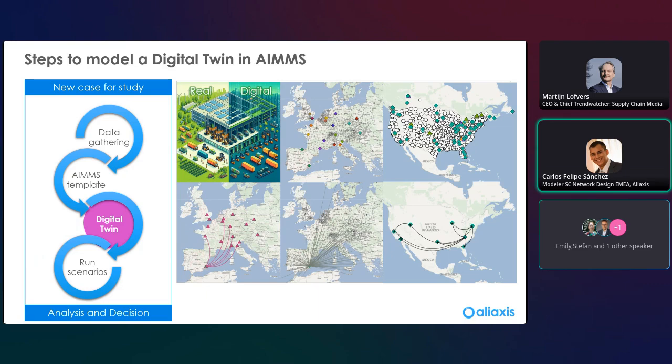Therefore, it's important to create the baseline just for answering the strategic question that has been asked. And at that point, when we have the baseline, maybe we do not need to map every single product in the map, or maybe we do not need to map all the suppliers, maybe just a part of it, then we can move forward to create different scenarios and compare with this baseline that we have created.